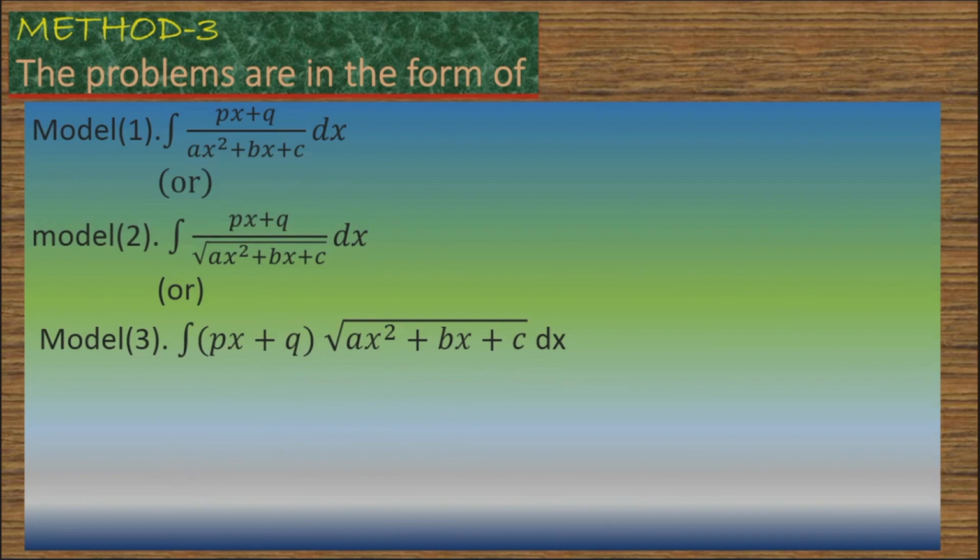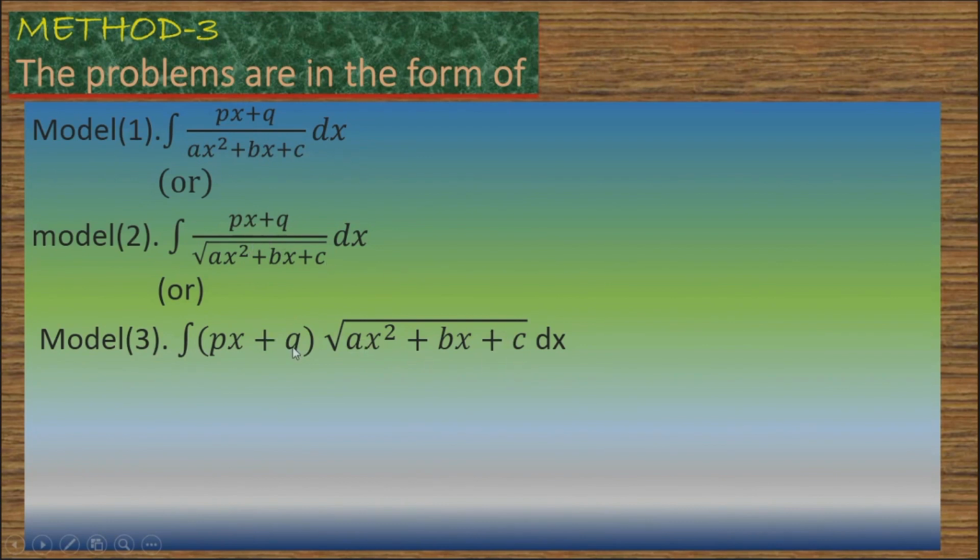These are the three models in method 3. Observe here, in each model we have two terms. One is the linear term px plus q, the second one is ax square plus bx plus c, a quadratic term.